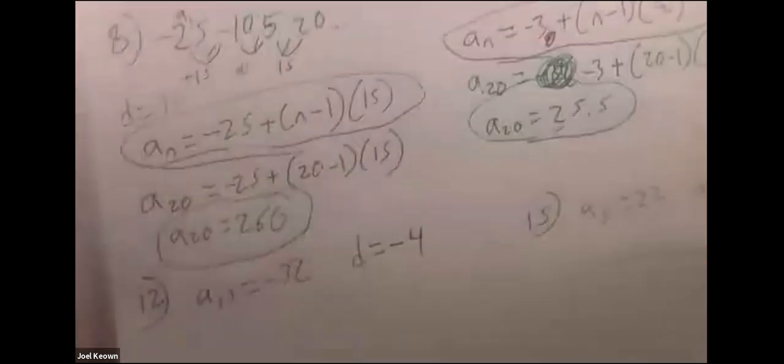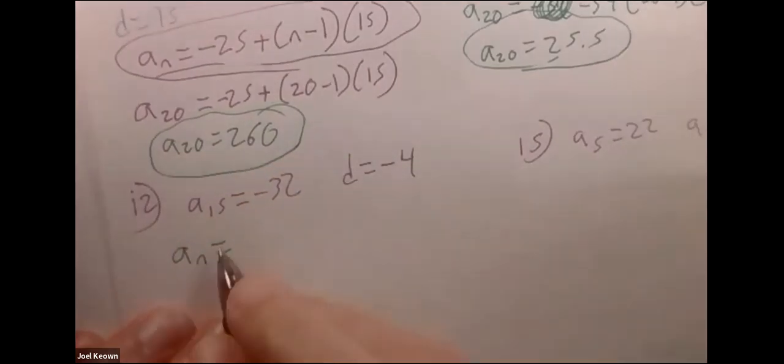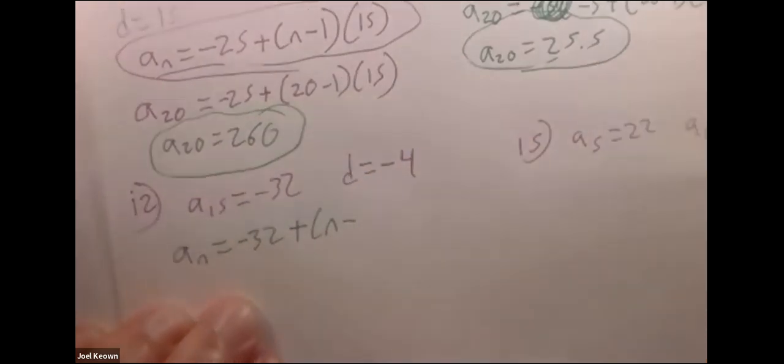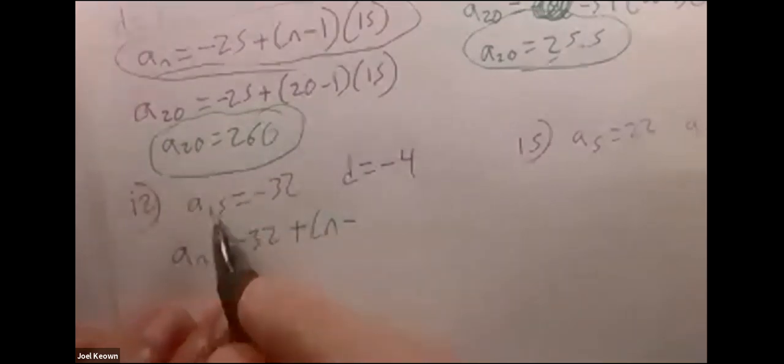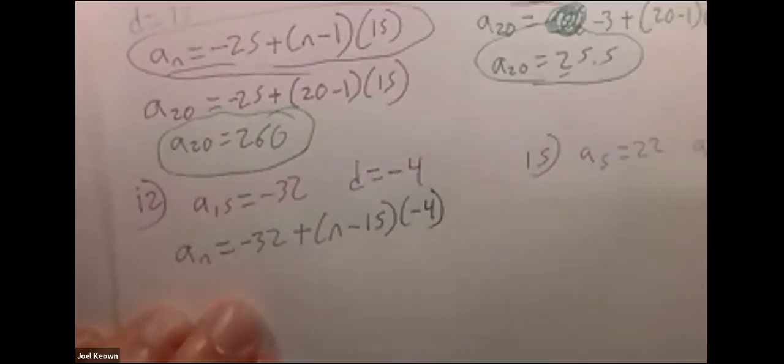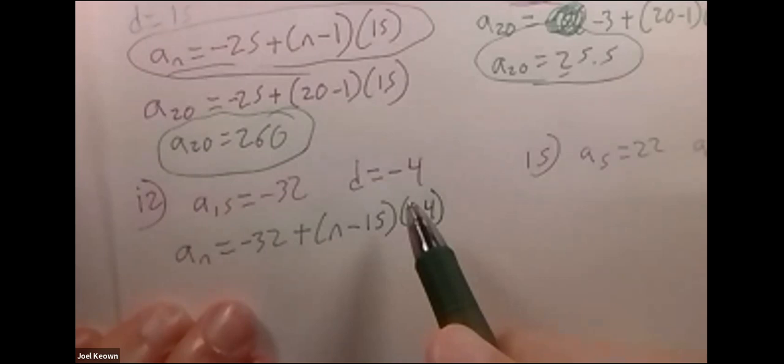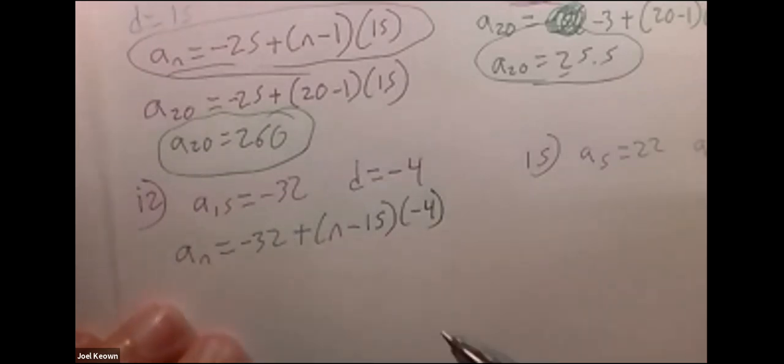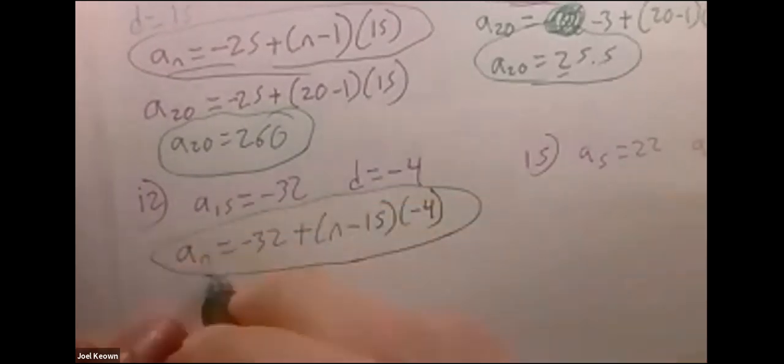So when I plug in, I'm going to say a sub n equals, I'm not using a sub 1, I'm using a sub 15, which is negative 32 plus n minus, I'm not going to use 1, I'm going to use 15, times my common difference, negative 4. Okay? And again, I could simplify this all out if I wanted to. I don't. I'll leave this like that.